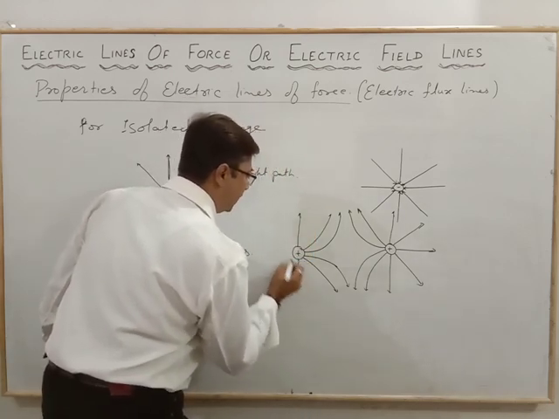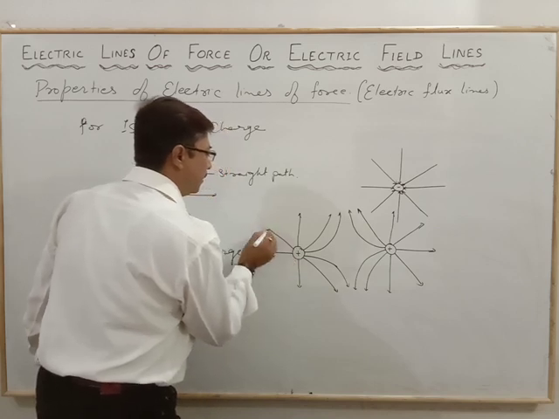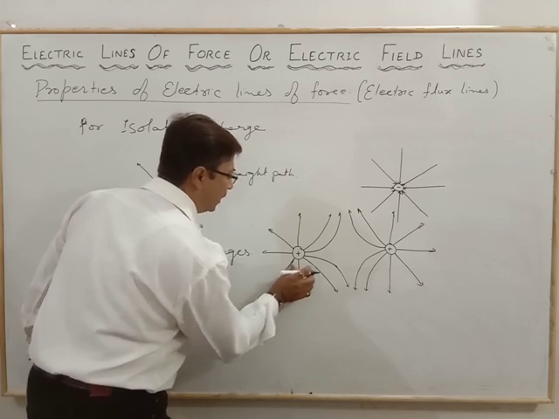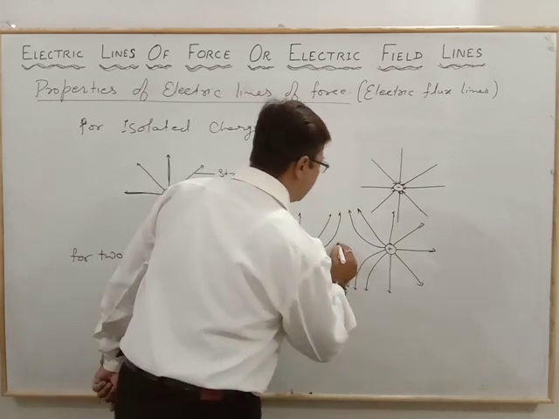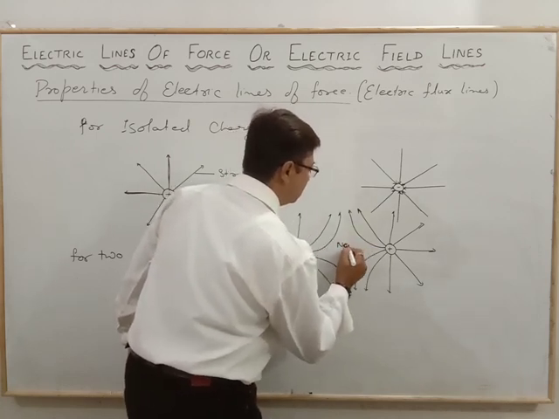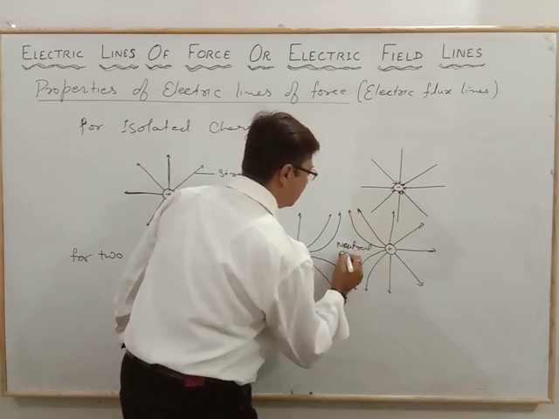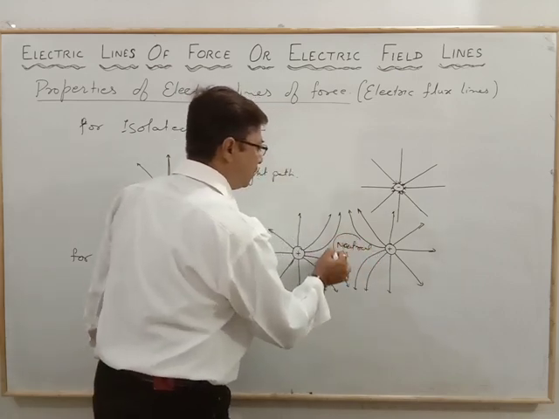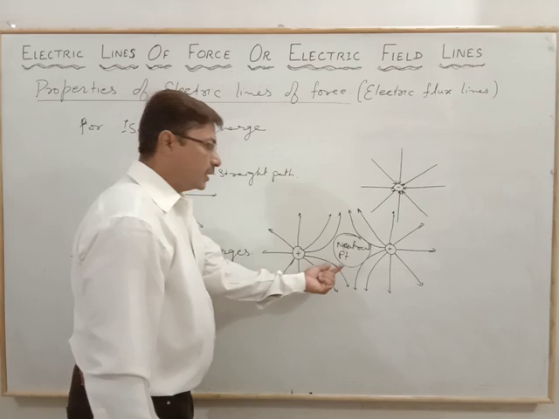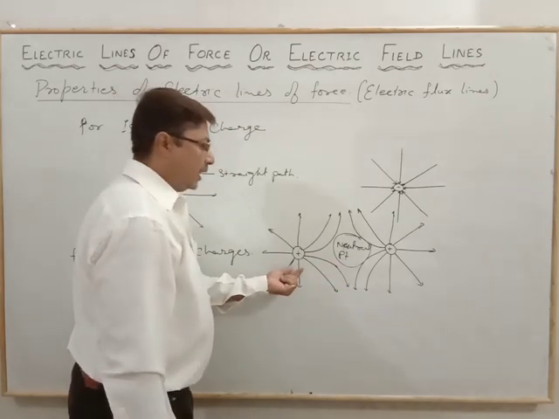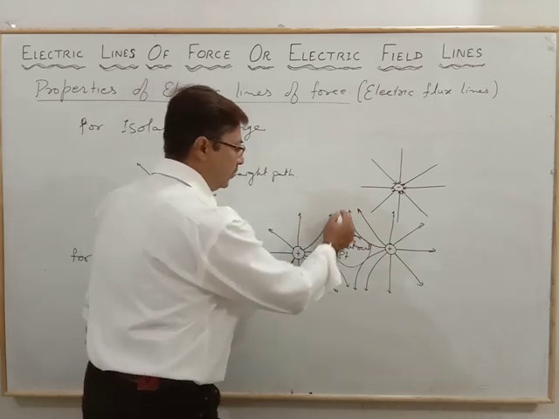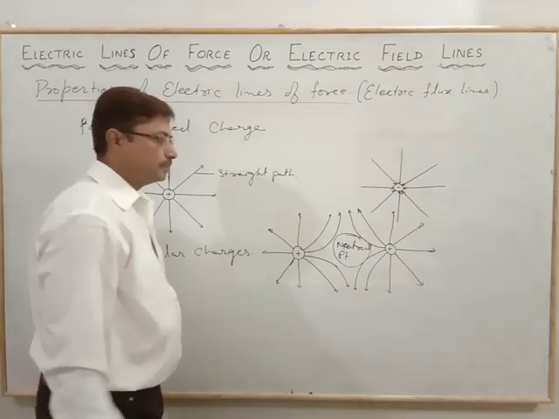And in case of the negative, the field lines appear to end at the negative, and here is the neutral point. Neutral point means it is the space where there are no field lines, no electric field. No electric field in this region. Either for the positive or if we consider the negative, in that case also there is a neutral point.